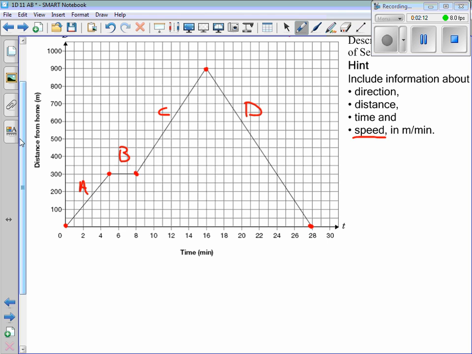If we start by looking at section A, at the beginning of section A, where is Selena? She is at home. Her distance from home is 0, so she starts at home. And what is she doing in section A?